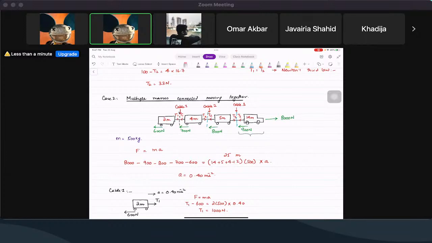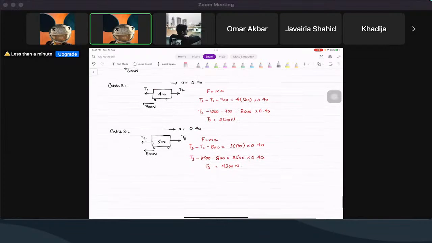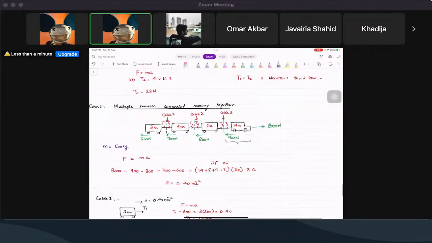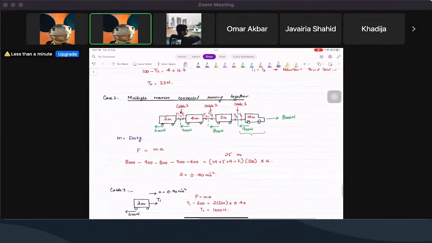Can you please do this? So can you repeat what you want us to do? I want you to use the engine diagram, only the engine, and prove that the T3 that I found from the third car is the same as T3 acting on the engine. That's what I want you to prove.